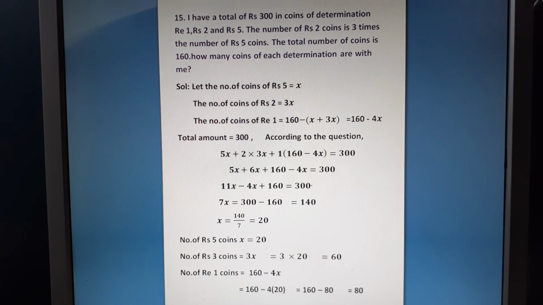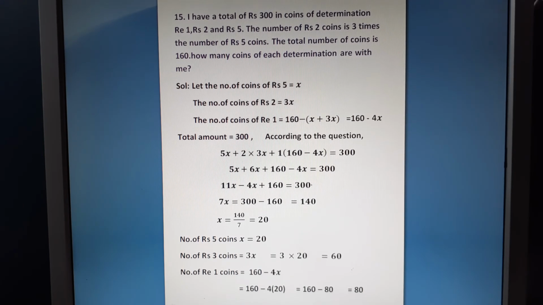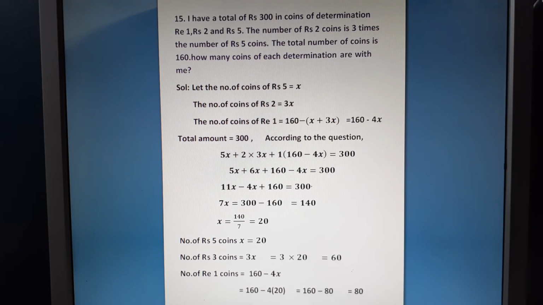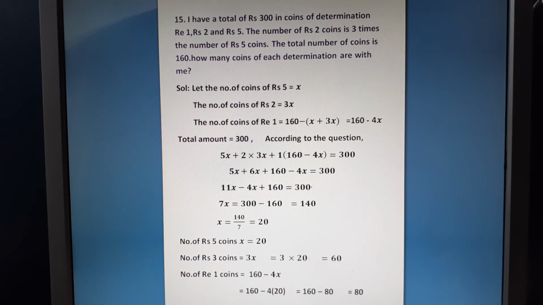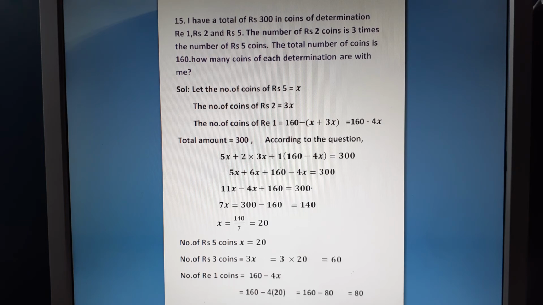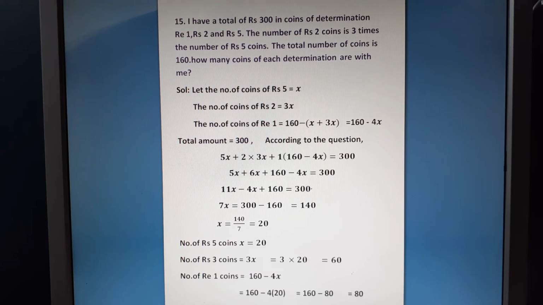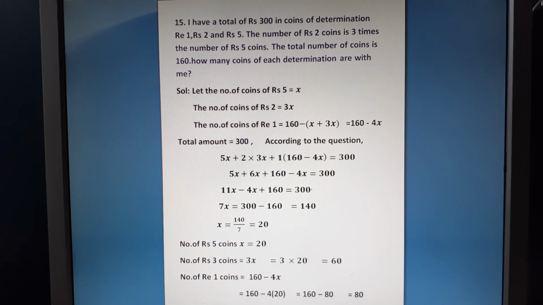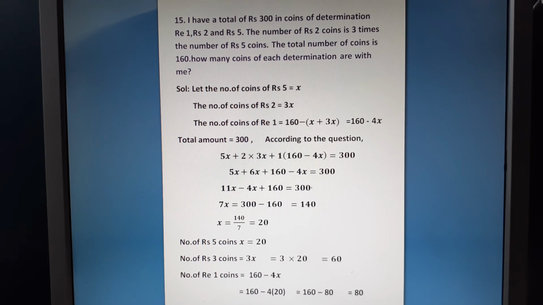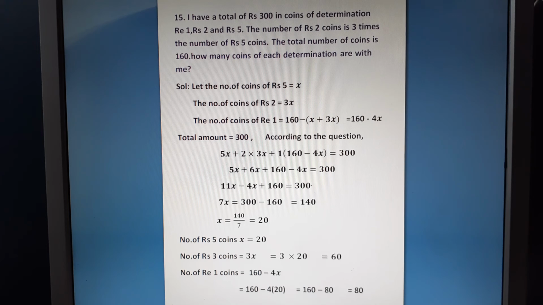Fifteenth problem. I have a total of rupees 300 in coins of denomination rupee 1, rupees 2 and rupees 5. The number of rupees 2 coins is 3 times the number of 5 rupees coins. The total number of coins is 160.